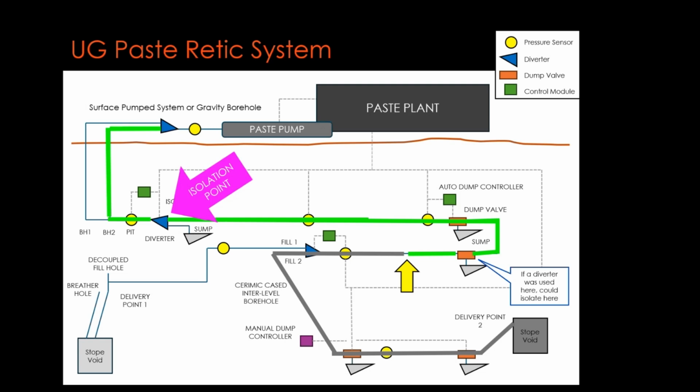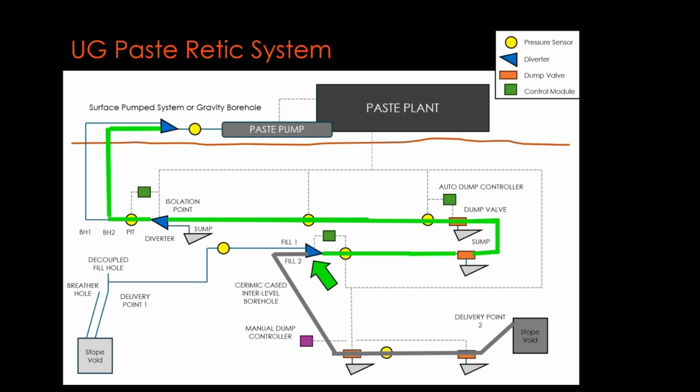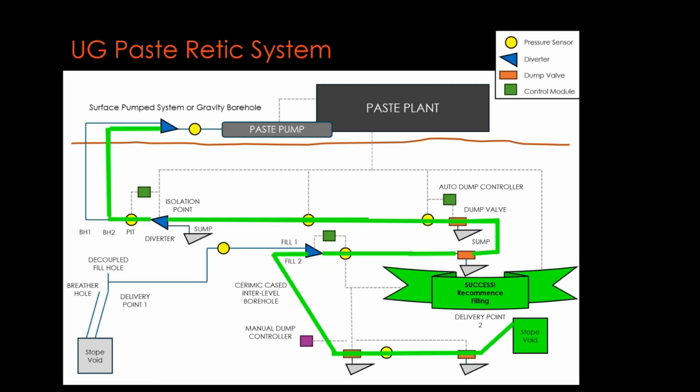The repair gets undertaken and is repaired, and then we apply a flush down to the next diverter to remove that downstream paste mixture that would have started to cure. Progressively work our way through the system, clearing the line as we go until we ultimately clear the underground retic through to the stope, and we can recommence paste filling.